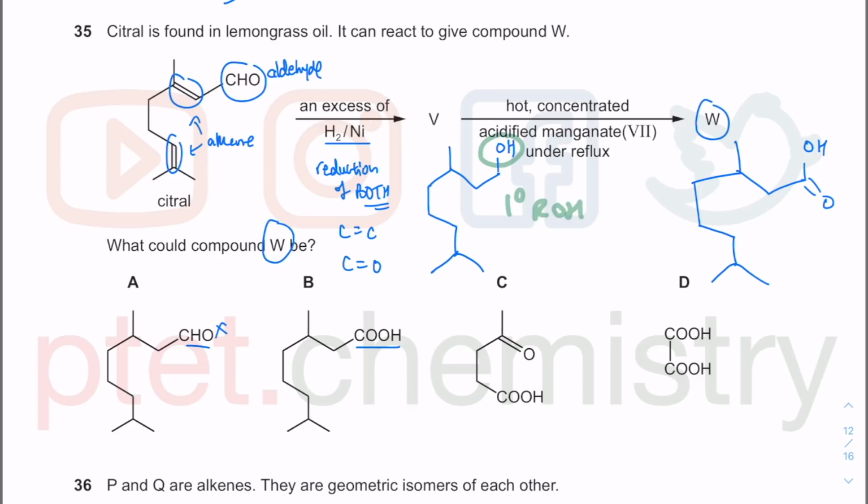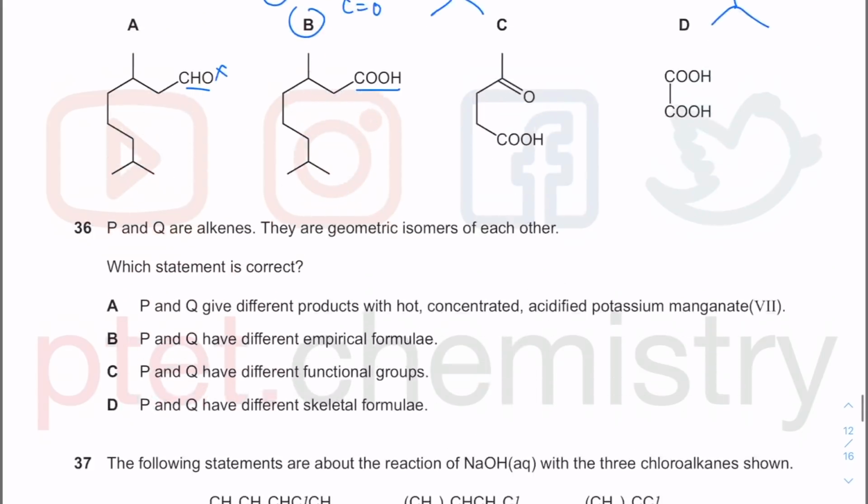As you could see, everything has been hydrogenated or reduced, but then this last bit came from the primary alcohol. So these two carbons from the double bonds and the CHO become the alcohol, and this one gets all the way to carboxylic acid when it gets oxidized under reflux. So B is our only correct answer there.